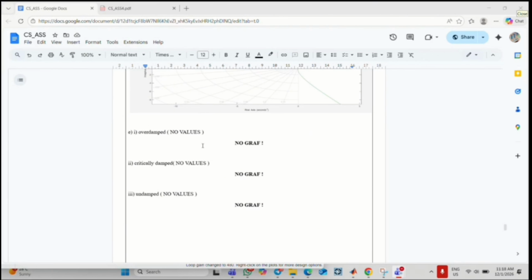If it is not over 1, there is no graph. Critically damped is equal to 1. Just now I said the damping ratio goes only up to 0.0851, so it is not equal to 1. For undamped, zeta is equal to 0.